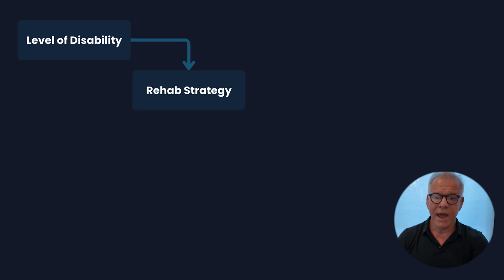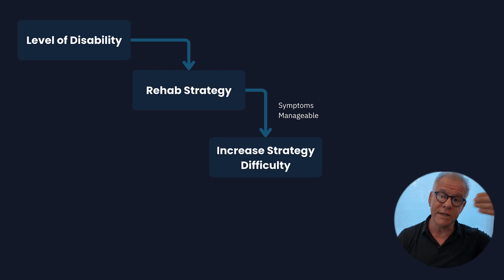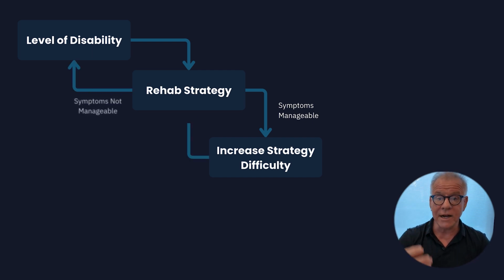But I'll give you another take at that same concept here. And that is, you start at your current level of functional disability, you try some rehab strategy, and if your symptoms are manageable, then you should be able to increase the difficulty of what you're doing. And then you should be able to get to the next functional level. But if things cause too much of an unmanageable flare-up, then you're going to have to dial back that rehab strategy and try again.